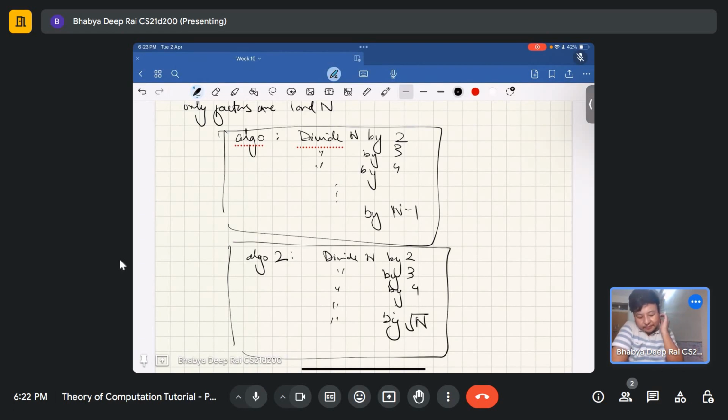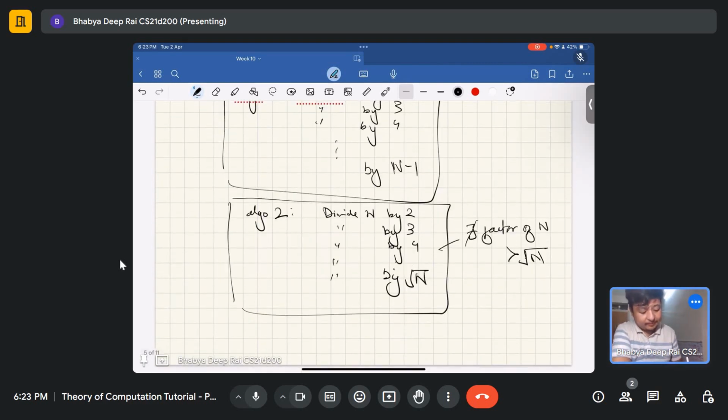Why? Because there cannot exist a factor of n which is greater than root n. Why?